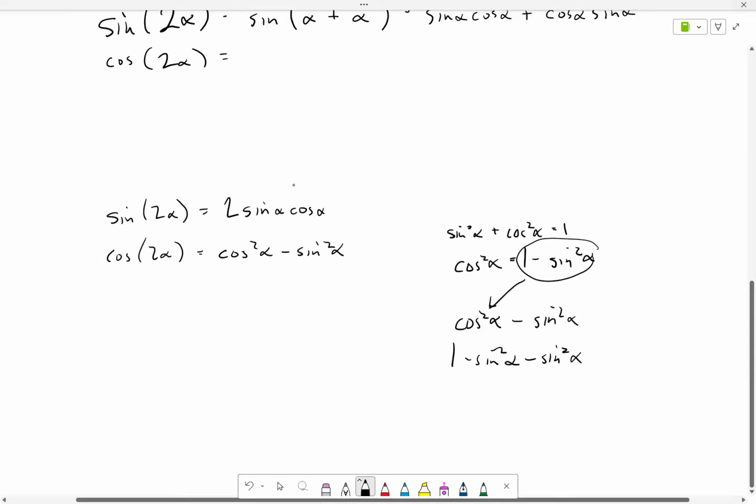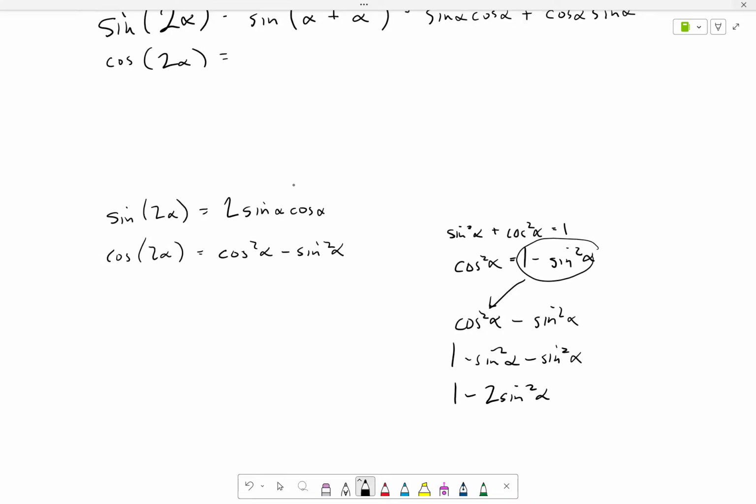Does that simplify? Yeah, 1 minus 2 sine squared alpha. So that is actually a second option for these formulas. And there is a third one. Do you see how we're going to get it? Yes. I'll give you a chance to work out what that third one is.